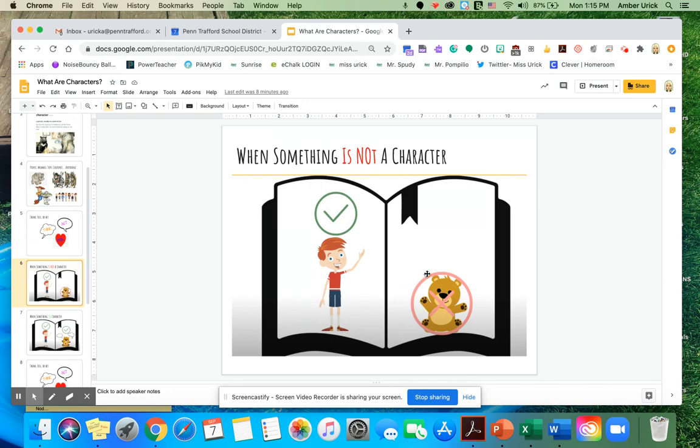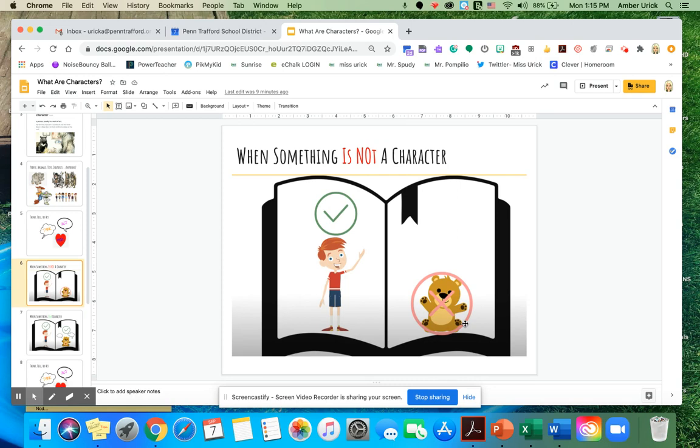So if this young man, let's name him Steve, if Steve is a human being boy, just like any of us, he can think, he can feel, and he can act, right? That's why he has a green check mark.